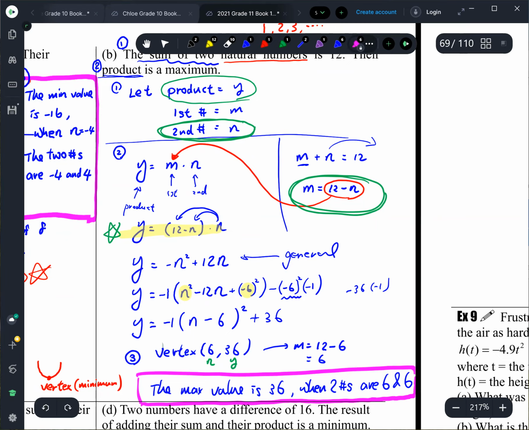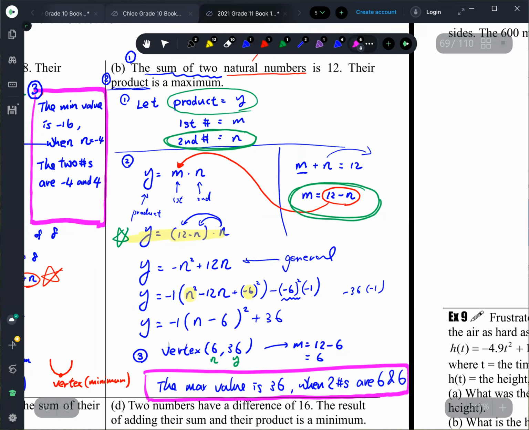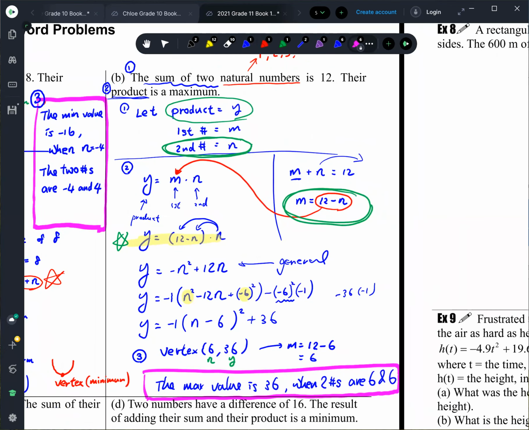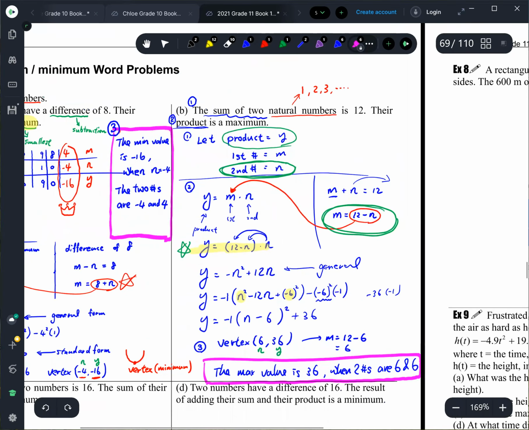Okay, for word problem, you must include your conclusion. Okay, you cannot just stop at vertex and then leave it. Okay, that doesn't show you found the two numbers. Any questions about how to do these two questions, two problems? Okay, can you raise your hand if you are okay with these two problems?